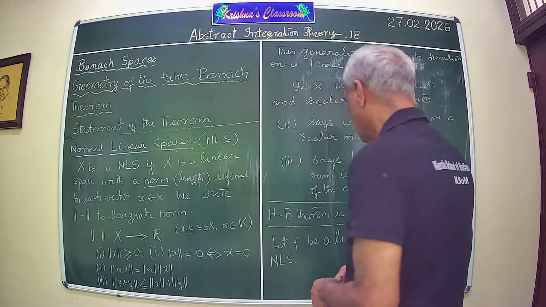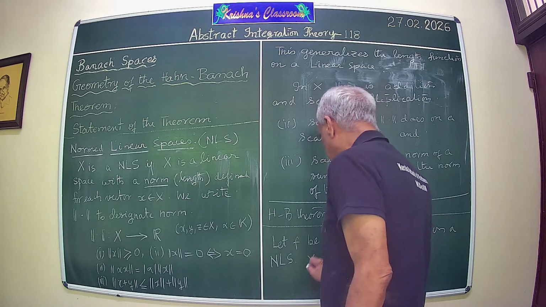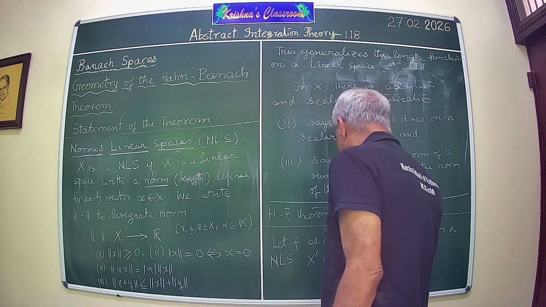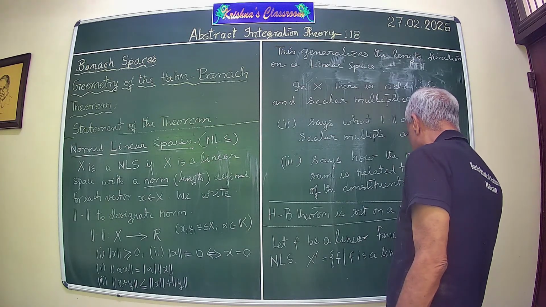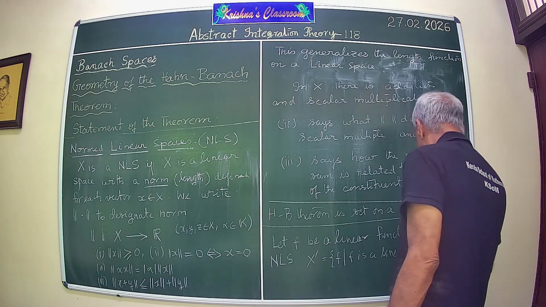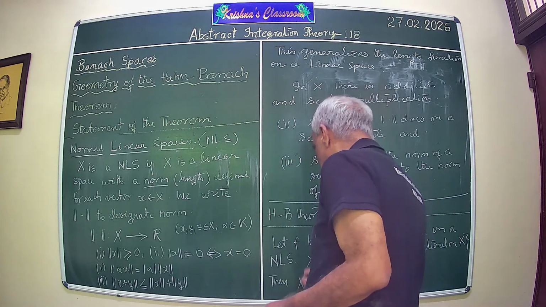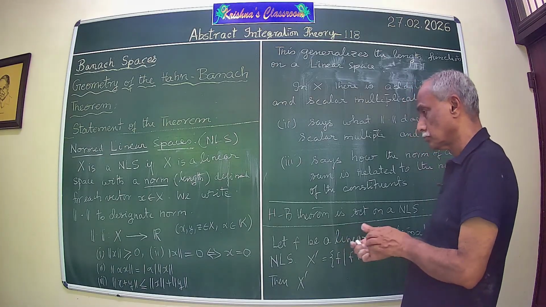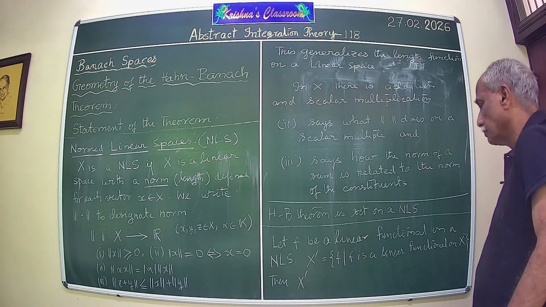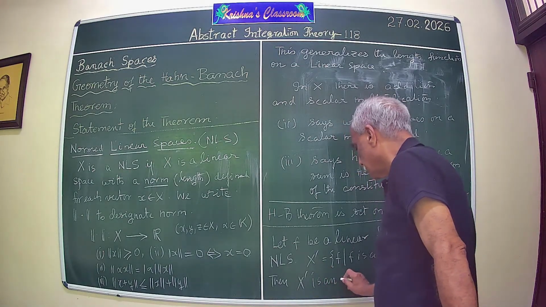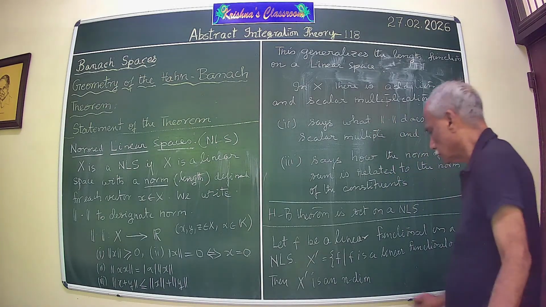Then we can define, that f is, we can define by x prime, then x prime is an n-dimensional vector.